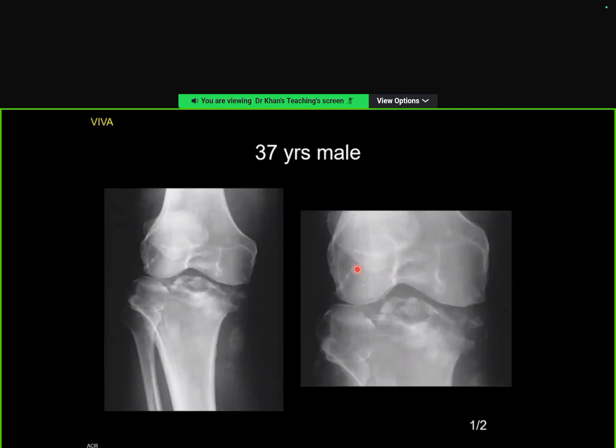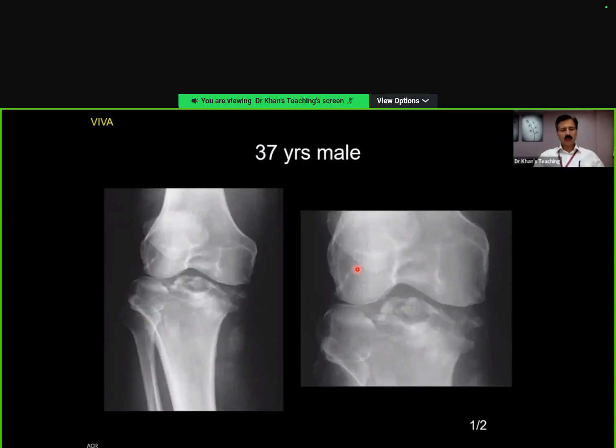I think the bone density is preserved. And the differential other than Charcot's? Previous septic arthritis of the knee, but I think it's unlikely. Probably Charcot would be my first diagnosis. Okay, that's fine.